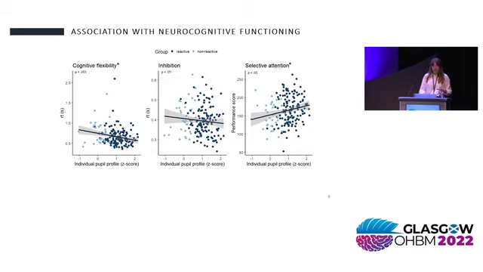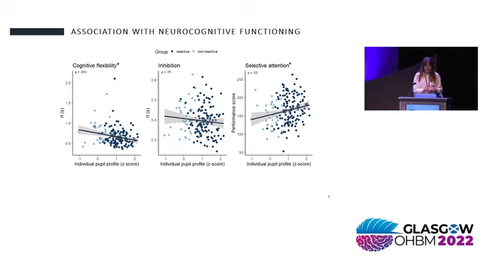And here we use the IPP with the independent neurocognitive assessment. And we see strong results with cognitive flexibility and selective attention. In both these slides with the results I just showed, people with a stronger increase in the pupil perform better on these tests.